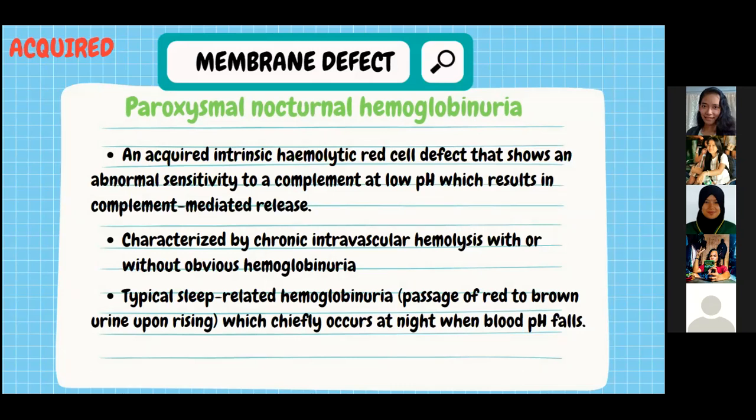It is also characterized by chronic intravascular hemolysis with or without obvious hemoglobinuria. It is typically sleep-related hemoglobinuria, the passage of red to brown urine upon rising, which chiefly occurs at night when blood pH falls.